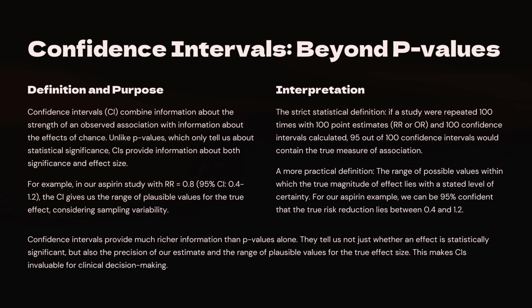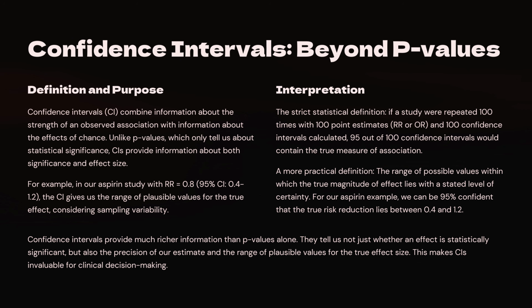A more practical definition would be the range of possible values within which the true magnitude of effect lies with a stated level of certainty. So for the aspirin example, we have 95% confidence that the true risk reduction lies between 0.4 and 1.2. Okay, and that makes sense because there's going to be that natural random variation around our estimate.